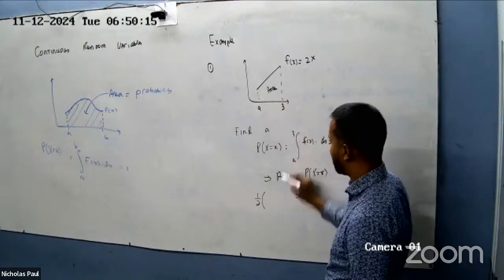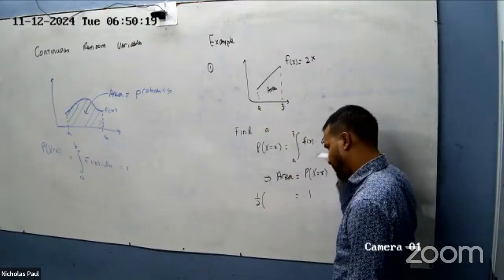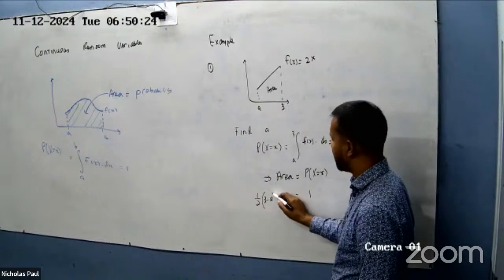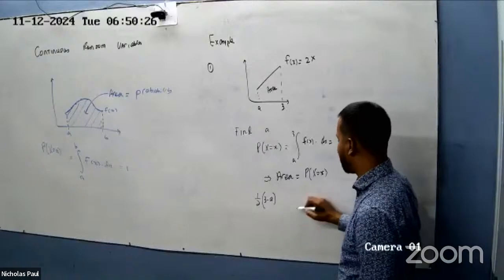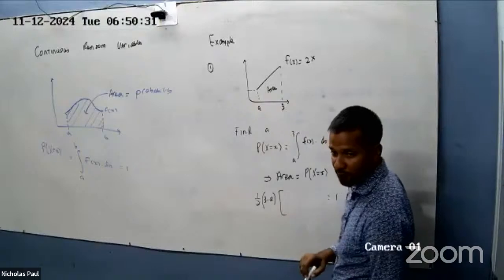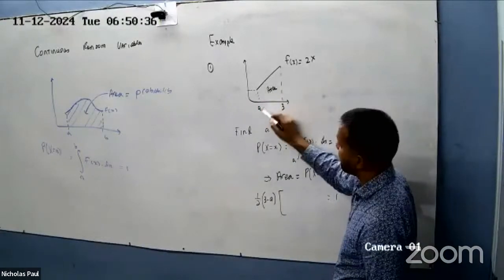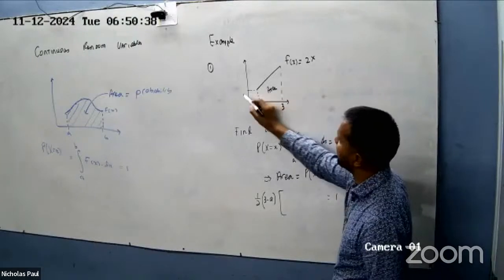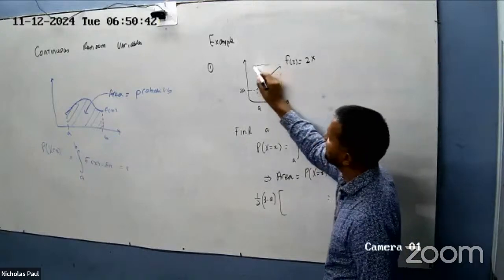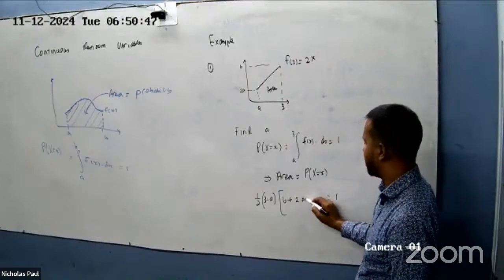The height is 3 minus A. And for the 2 parallel sides, I get the y values. If I plug A in here, I'll get 2 by A, which is 2A, and if I plug 3 in there, I'll get 6. So the parallel sides are 6 and 2A.